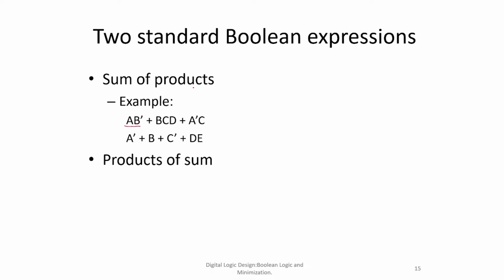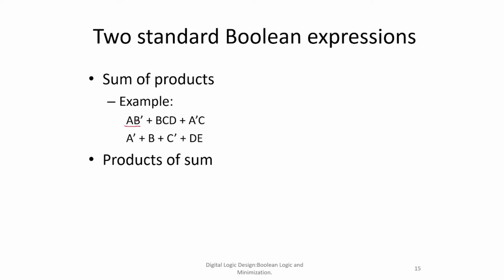So in sum of product you will see that a b dash, where b dash is itself a literal, so we don't consider that NOT gate. So a b dash is a product term, b c d is also a product term, a dash c is also a product term, and if we are doing a sum, or an OR operation, of all these product terms, it is called sum of products.